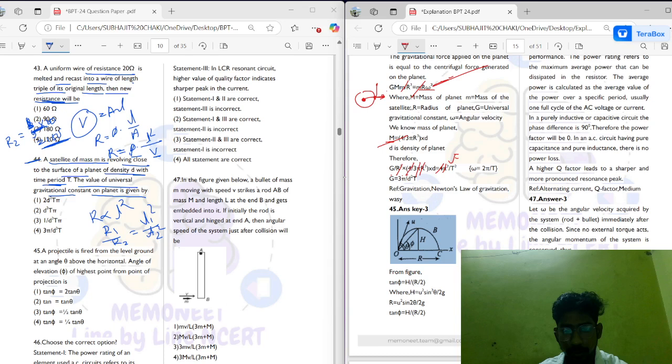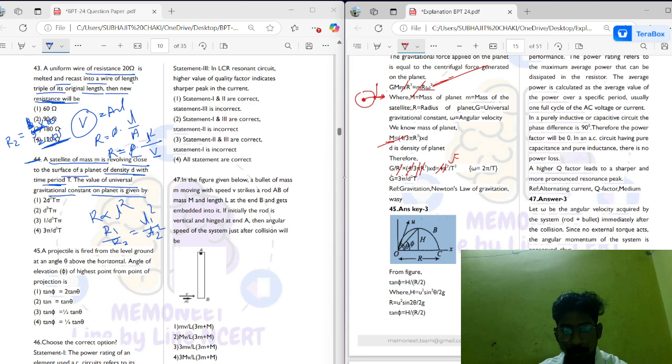It will become d t square, not this. G will be equal to 3 pi by d t square.